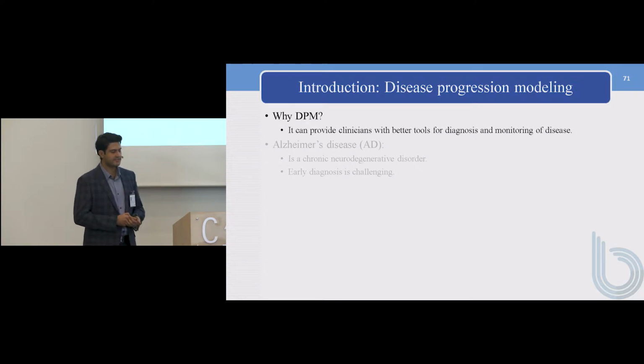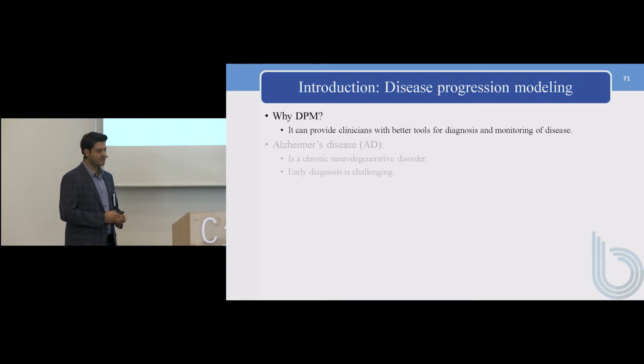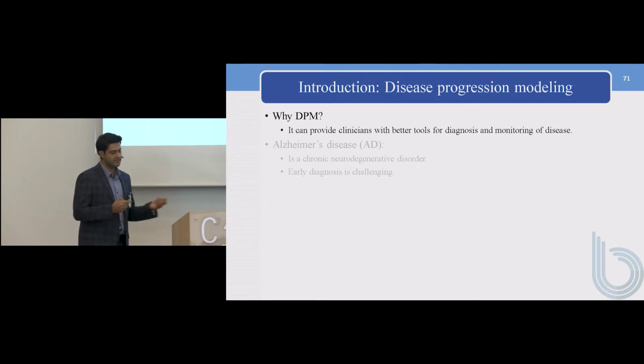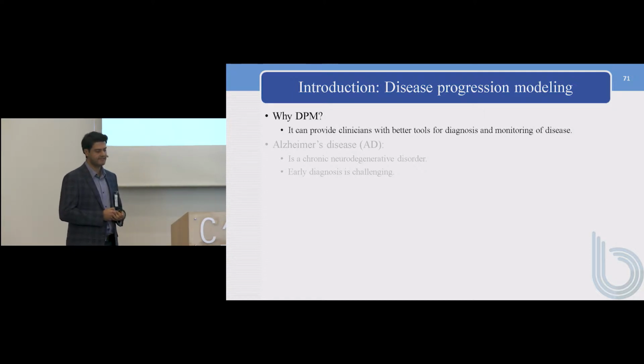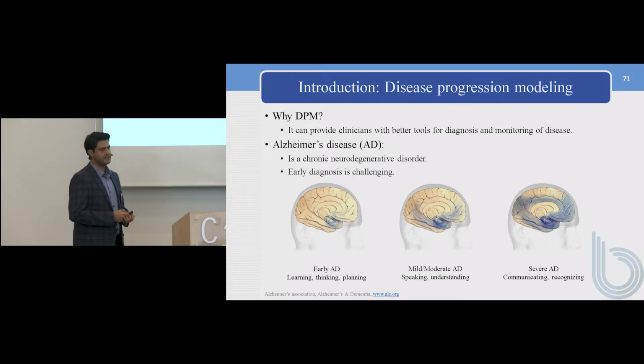So, progression modeling can provide better tools and applications to monitor and diagnose disease for clinicians, using longitudinal data. I will focus on Alzheimer's disease, which is a neurodegenerative disorder.